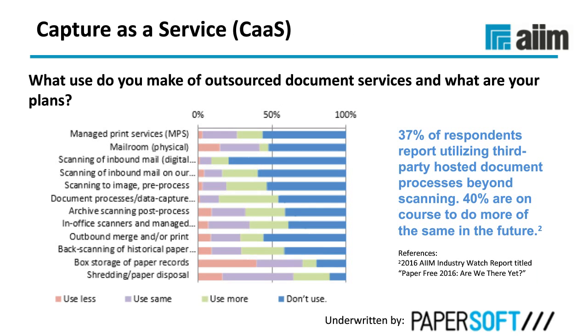In the AIIM community, we know that 37% of respondents report utilizing a third party for document work beyond scanning, and 40% say they will do more in the future. What this provides is greater adaptability to evolve, scale, and upgrade the system as needs change, improved accuracy through automation, freeing up labor resources to do more value-add, interesting tasks, and also resistance to volume fluctuations and offloading risk by relying on that third party.